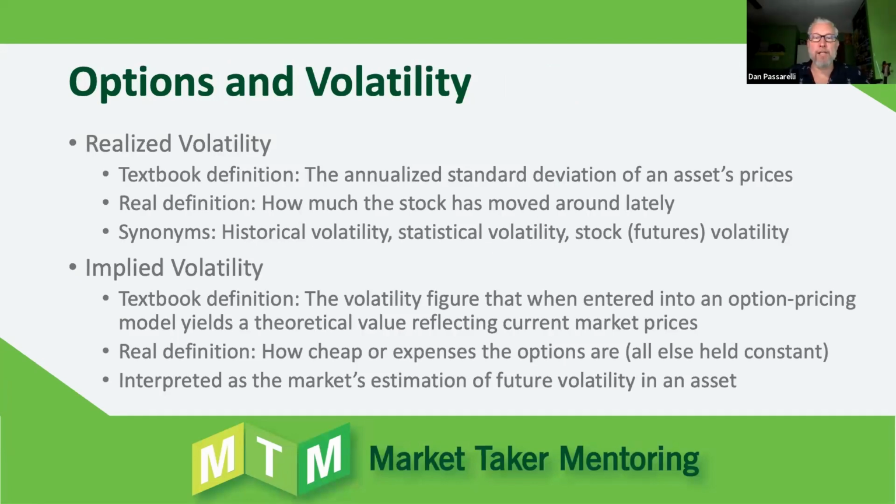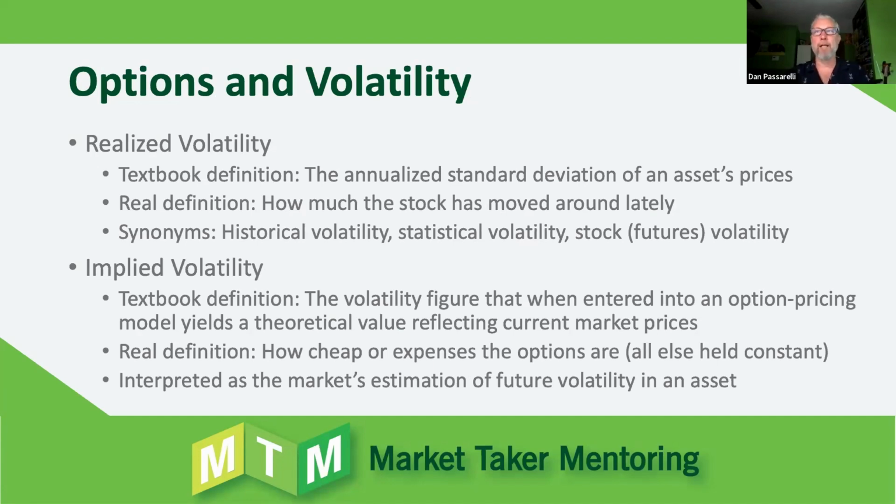All right, now I promise you I was going to talk about volatility. Now's the time, folks. There's 2 types of volatility when it comes to option trading. One is realized volatility. That is the annualized standard deviation of an asset's prices. Ugh, geez Louise, what does that even mean?